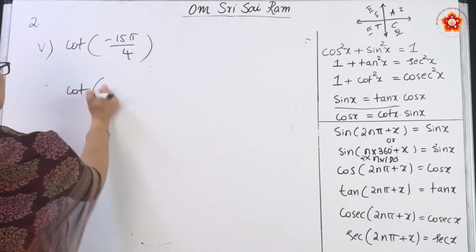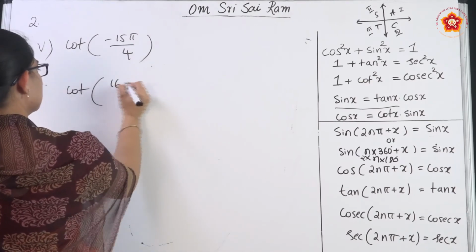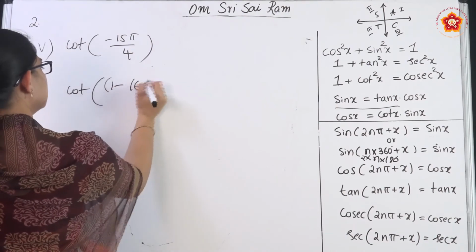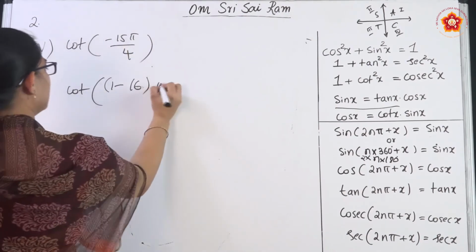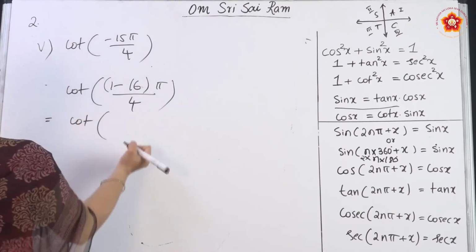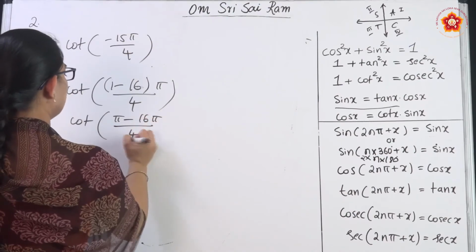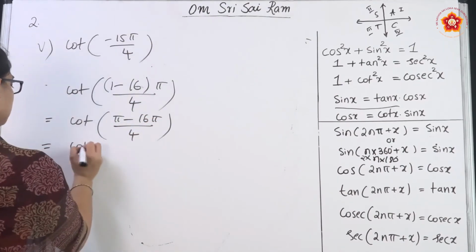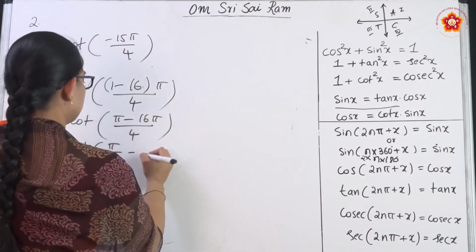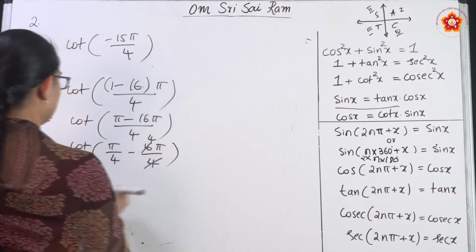So we have cot of minus 15 pi by 4, which we can write as 1 minus 16, that is minus 15, pi by 4. That is equal to pi by 4 minus 16 pi by 4, and 16 pi by 4 is 4 pi, right.